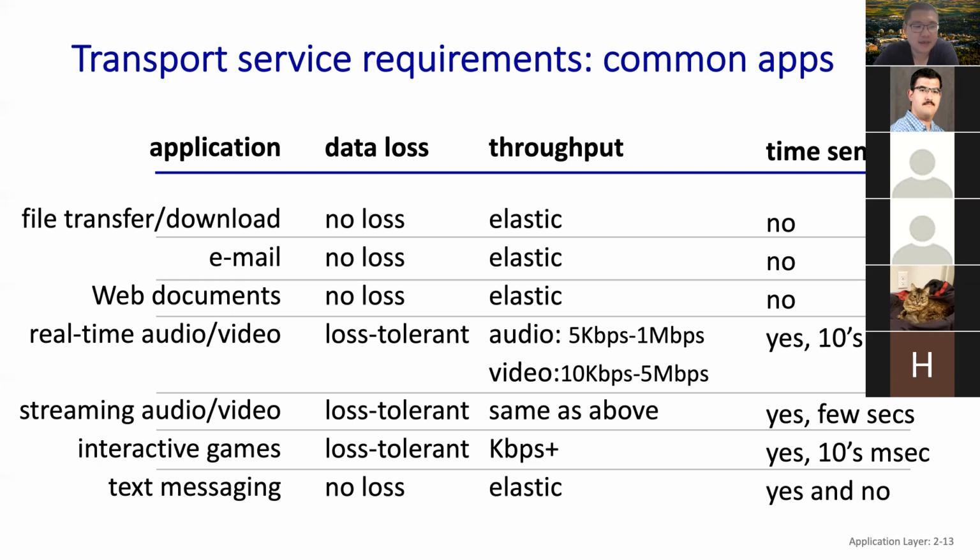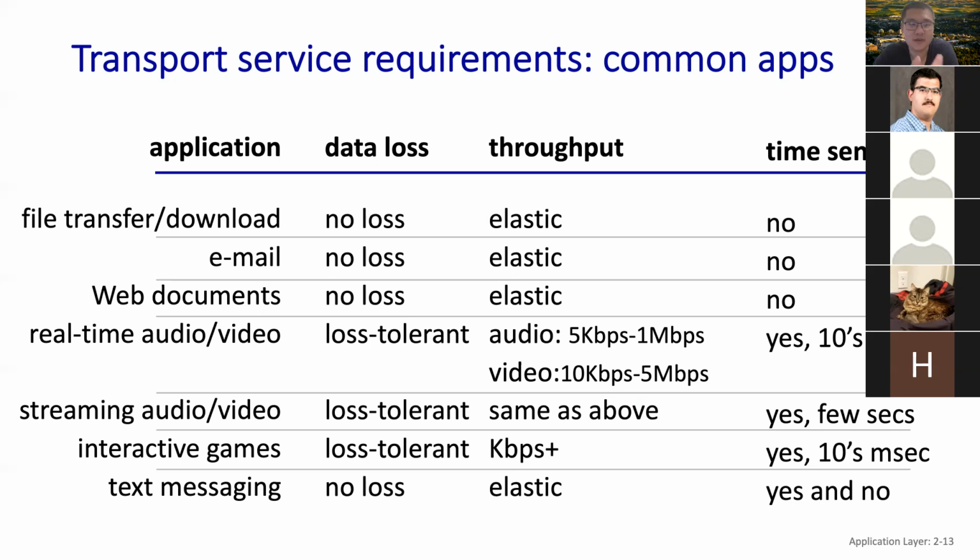But streaming audio video could be less time sensitive because it's not real time, right? In real time, I talk to you and you respond. If I ask a question and I wait 10 minutes, then you respond, it's not good. But when I watch a YouTube video, even if it's delayed 10 seconds, maybe you don't know, right?